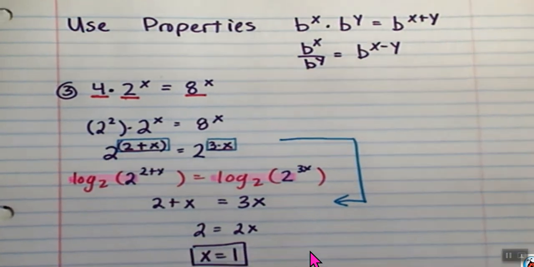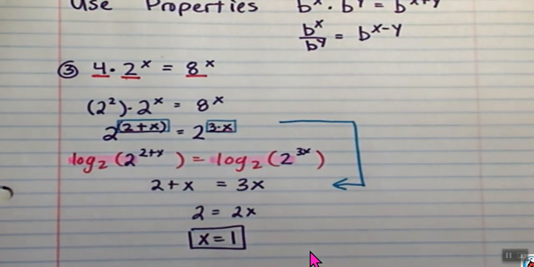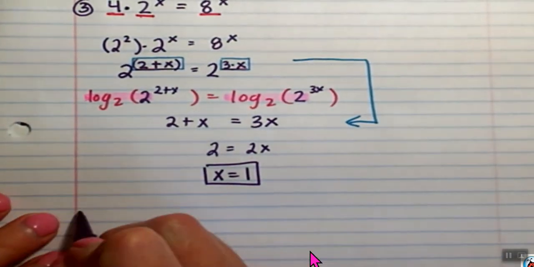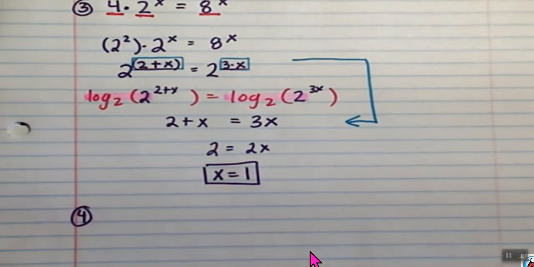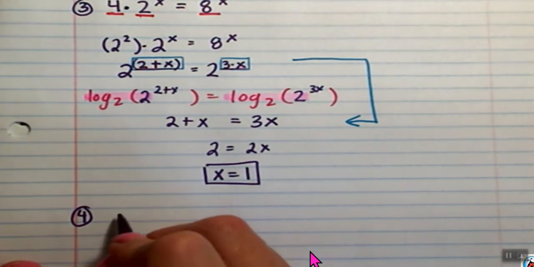All right, let's go ahead and try maybe one more that's going to use some properties. All right, this one's going to be kind of tricky.